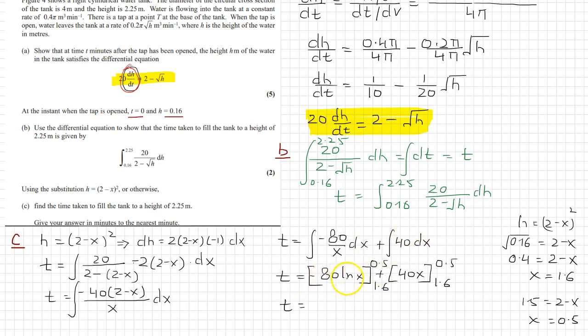If you simplify it, 80 ln 0.5 minus 1.6, so it will be 80 ln 3.2 minus, this will be 44. So the value of t, to the nearest minute, will be 49 minutes.